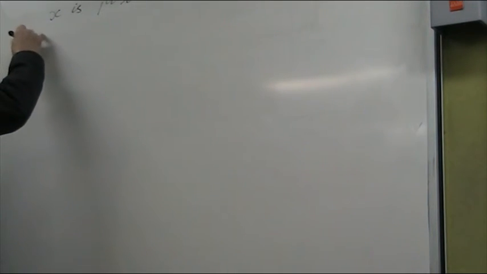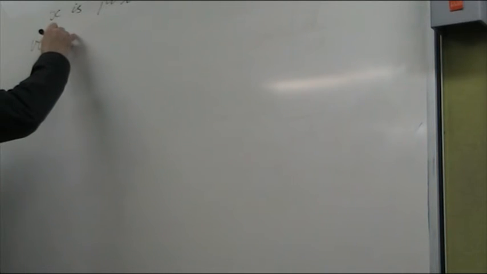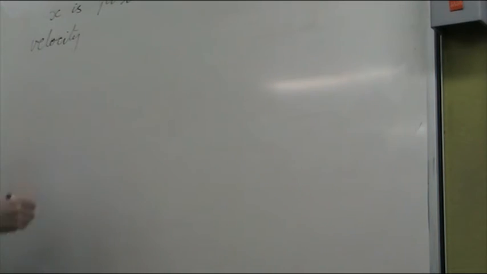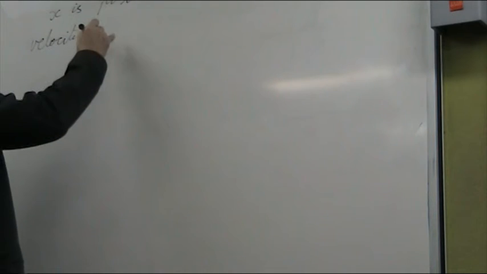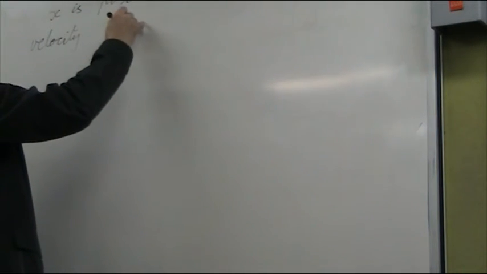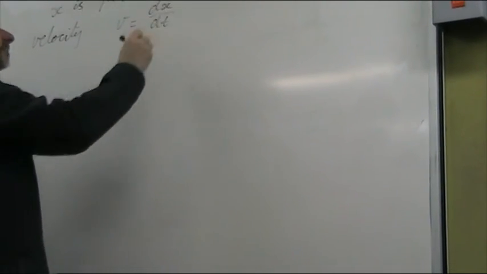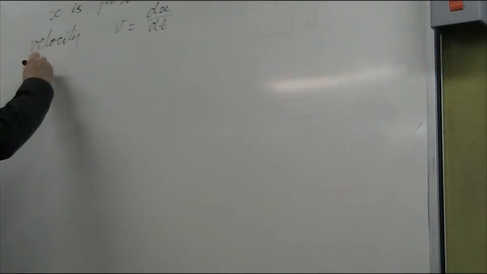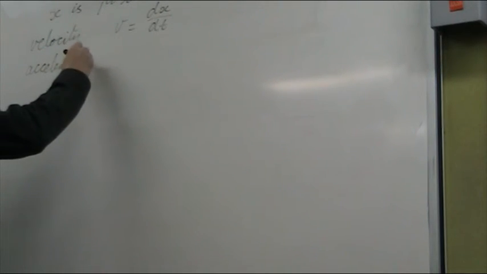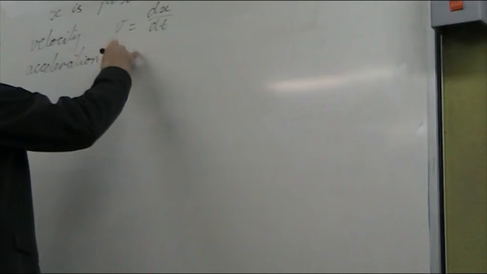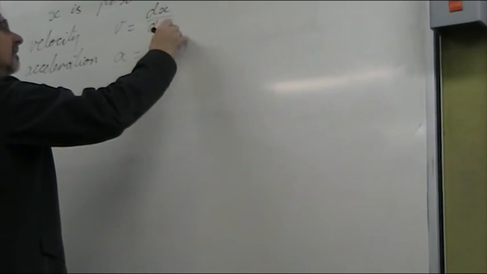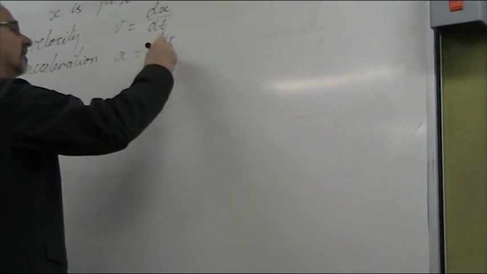Velocity is defined as the rate of change in position, so that's dx/dt. And acceleration is the rate of change in velocity, so dv/dt.